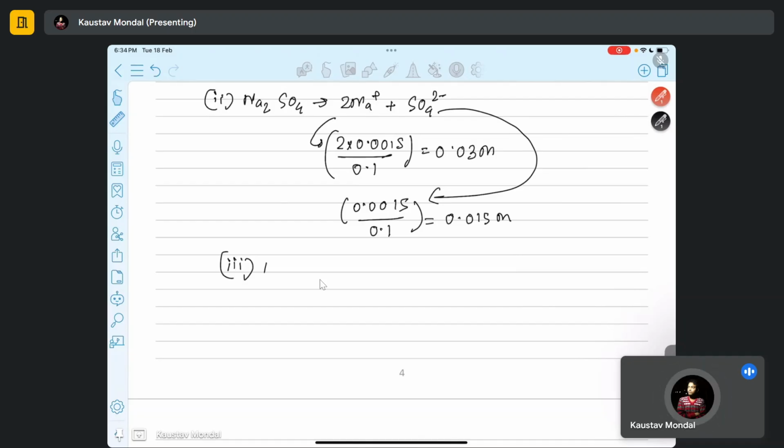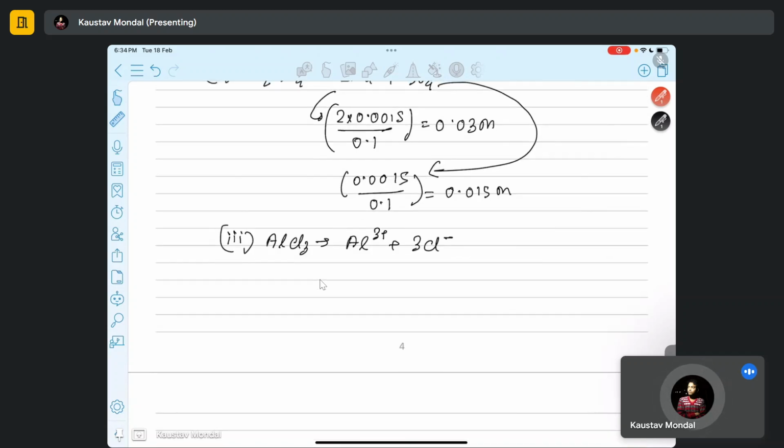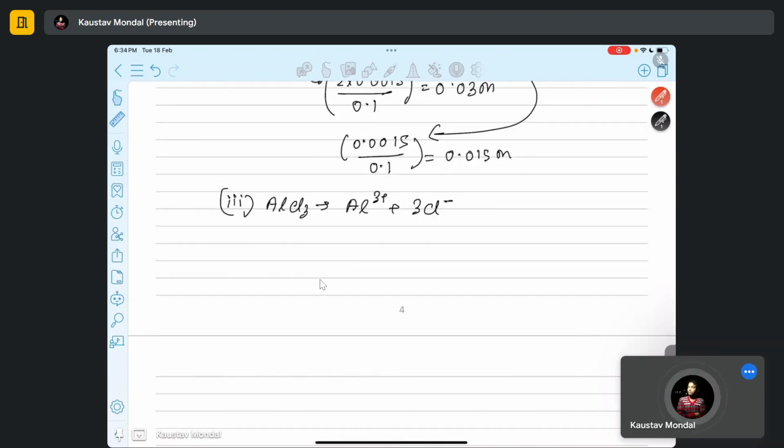And the third was AlCl3, right? AlCl3 basically dissociates into Al3+ and 3Cl-, right? For each mole of AlCl3 there will be 1 mole of Al3+, and AlCl3 was 0.01 moles, right? So for Al it should be 0.01 by 0.1.